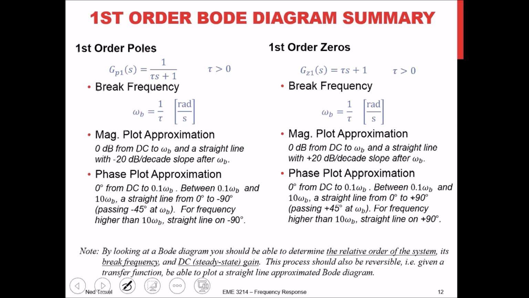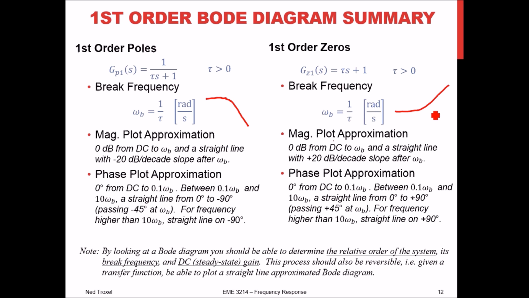All right, to summarize the first order: for a pole, we have a break frequency at 1 over tau, and the same thing for a 0, we have a break frequency at 1 over tau. The pole will break downward, and the 0 will break upward on the magnitude plot.